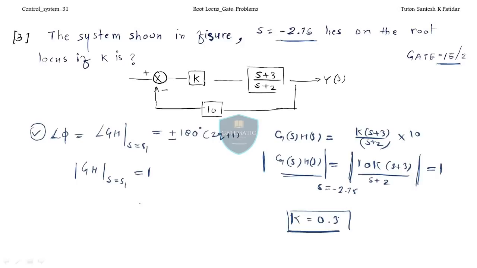If you ask which condition first, the angle condition comes first; if it satisfies the angle condition, it will definitely satisfy the magnitude condition. From previous years' papers, I found that 40 to 50% of questions were asked from this concept, magnitude and angle. So please go through it.